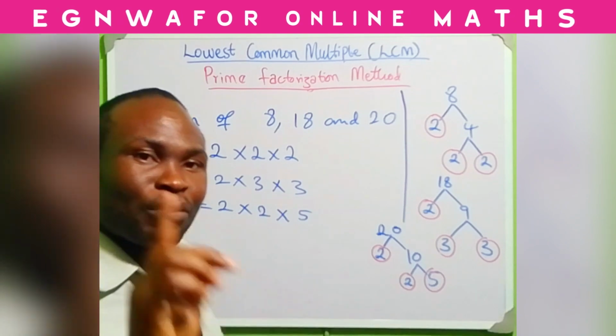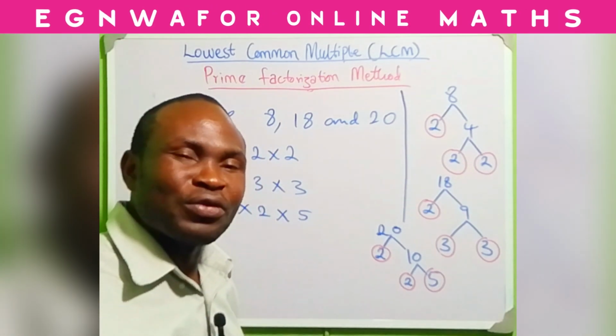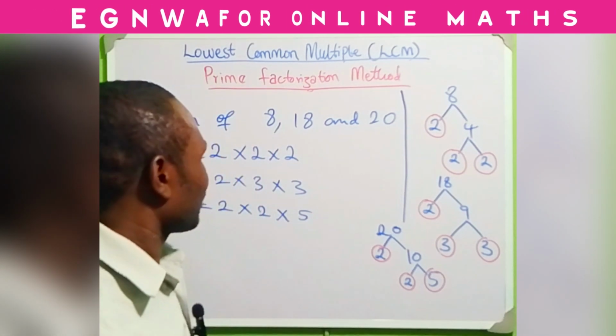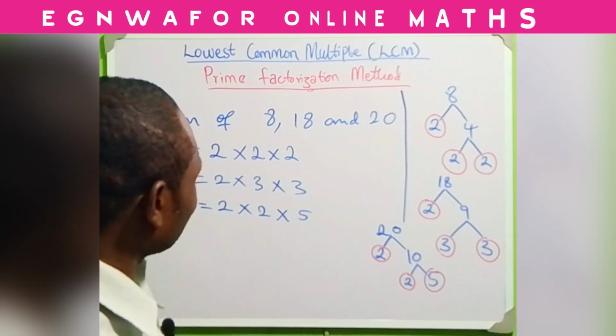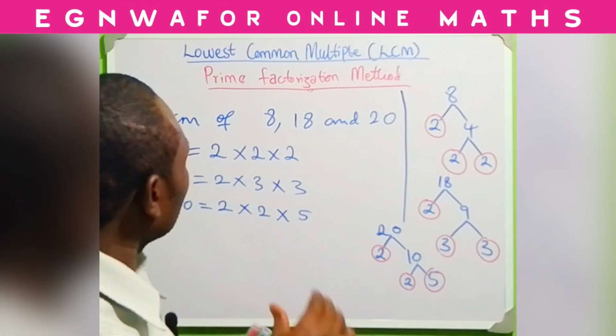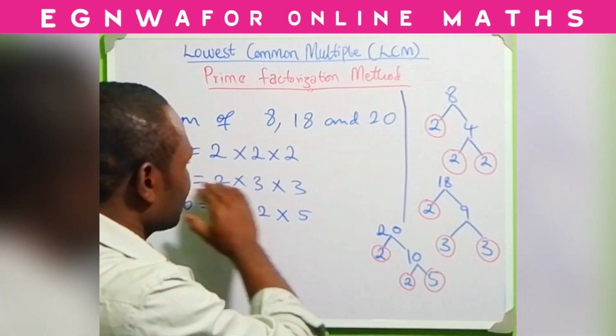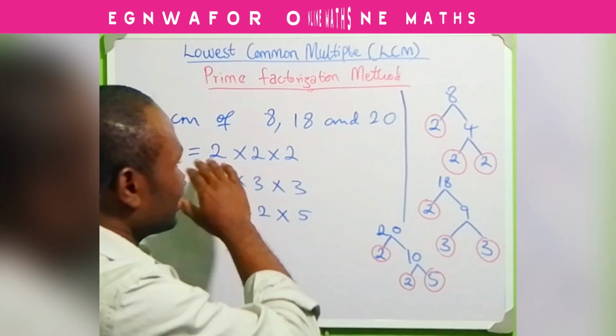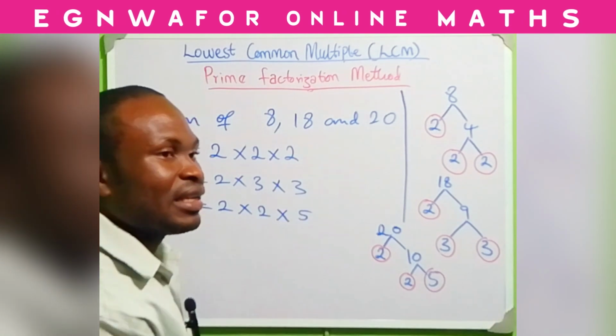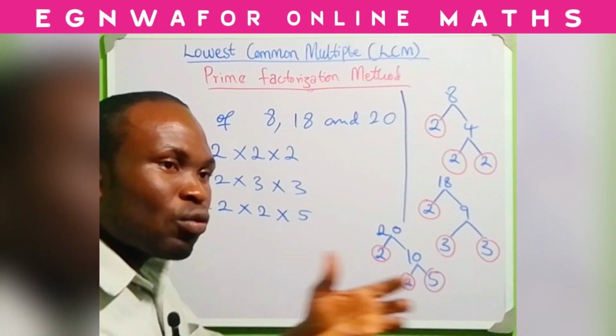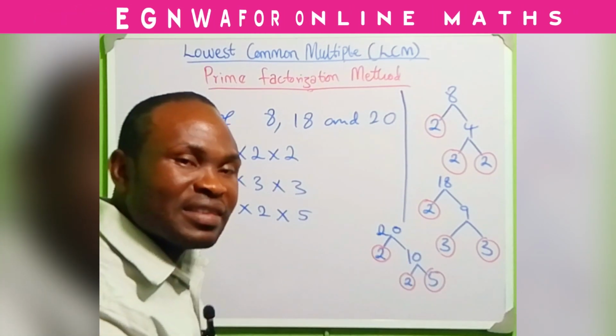Now, there is one more thing we need to do so that we will get our LCM. If you check all these numbers, check their prime factors, they multiply each other. Check the ones, you just select the ones that appear most.